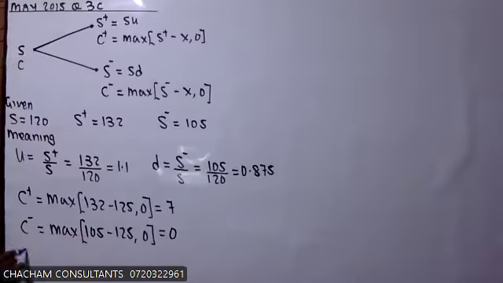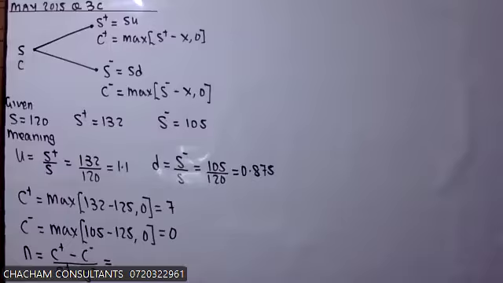Then our N, just like what we call delta, is the C plus minus C down, divided by the S up minus the S down.